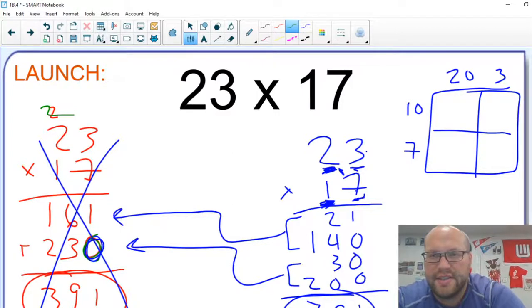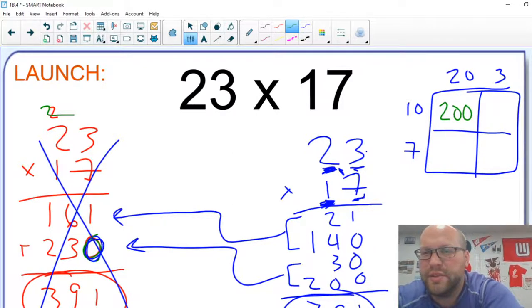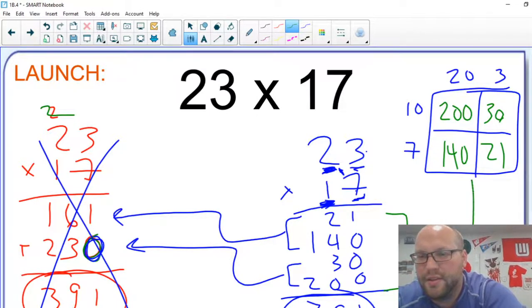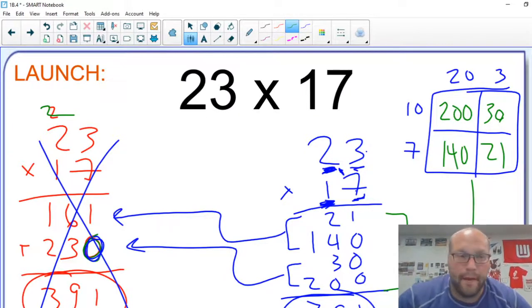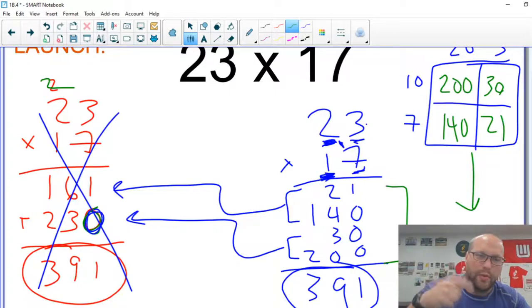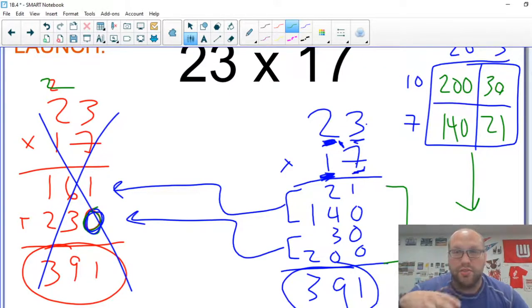We can see that 20 times 10 is 200, 10 times 3 is 30, 7 times 20 is 140, and 7 times 3 is 21. We're getting the exact same numbers we did here, so when we add these up, we should get the same exact value, 391. Again, I'm not trying to get you to stop doing the red. I'm just saying understand why.